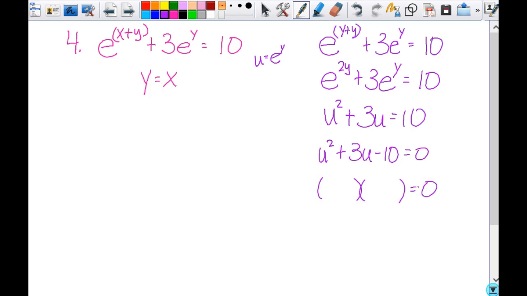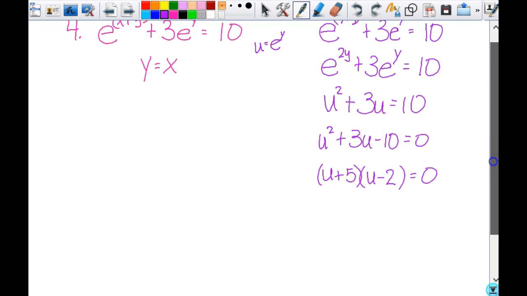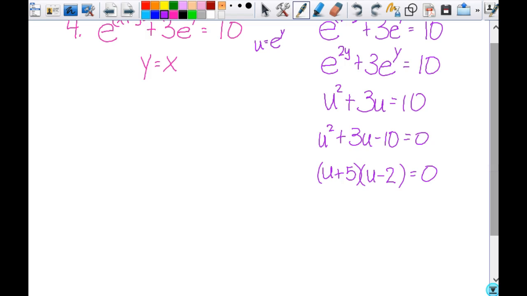So that means this is going to give me u plus 5 and u minus 2. Now you have to remember to substitute back in the end. So this means that this is e to the y plus 5 times e to the y minus 2 equals 0.